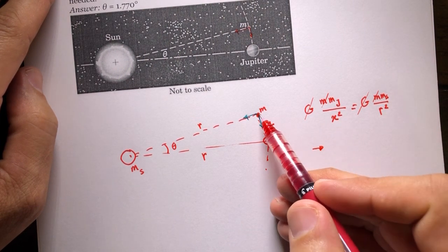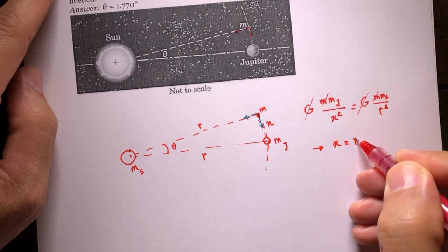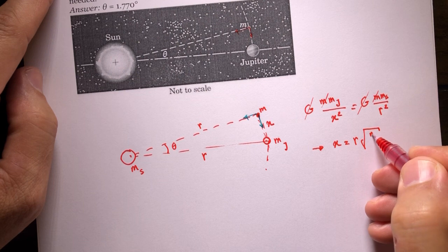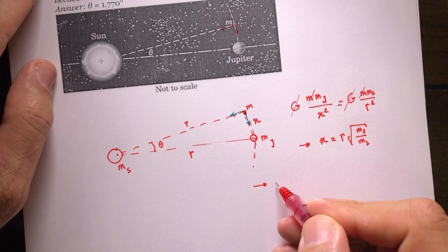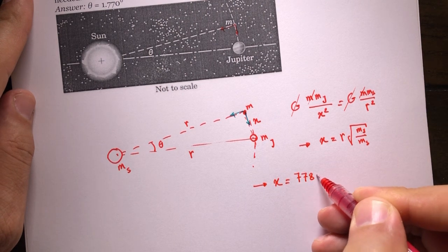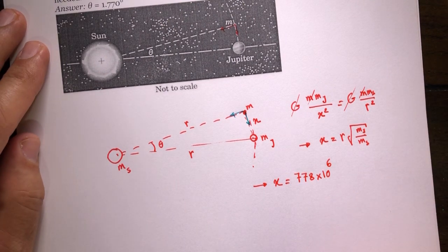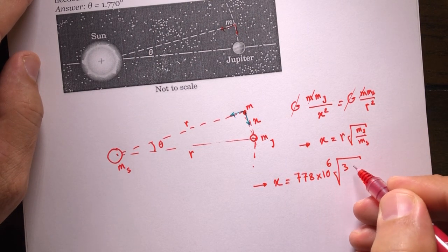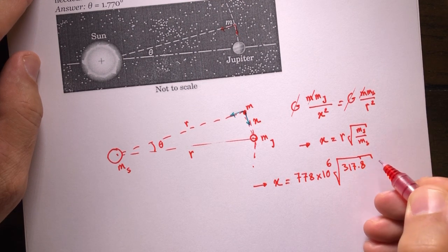And we can find x, the distance between the particle and Jupiter, from this equation. x is going to be equal to r times the square root of mj divided by ms. And if you look at the table, r is 778 times 10 to the 6 kilometer, times the square root of the mass of Jupiter, which is 317.8 times the mass of the Earth.